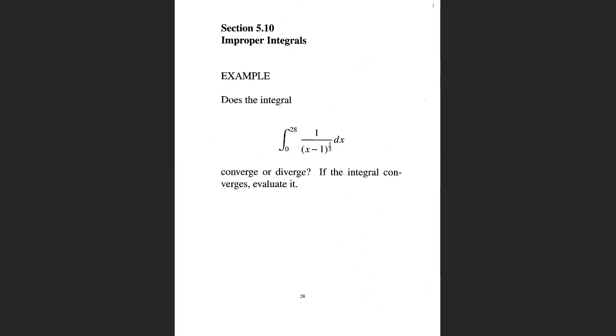Okay, so this is kind of an interesting problem, isn't it? So let's see here.